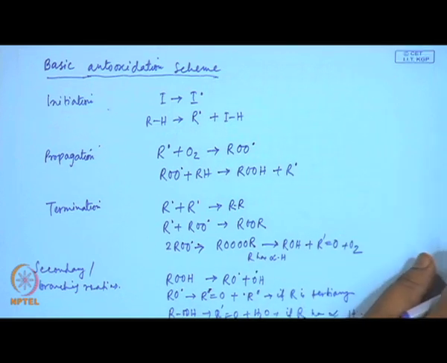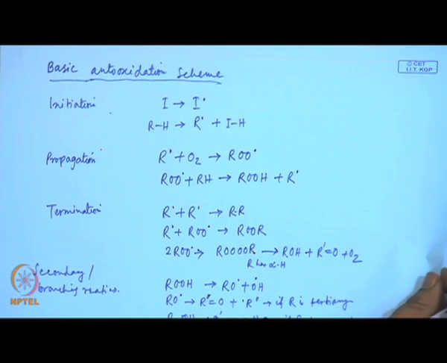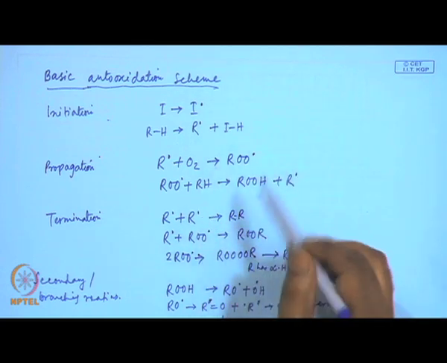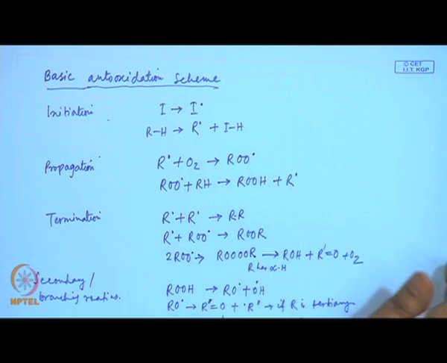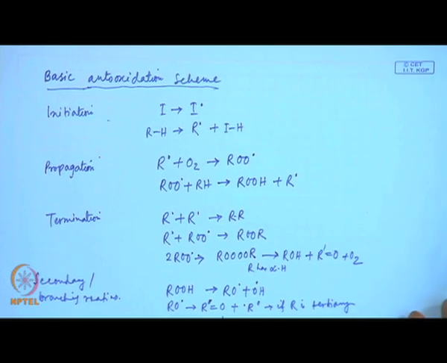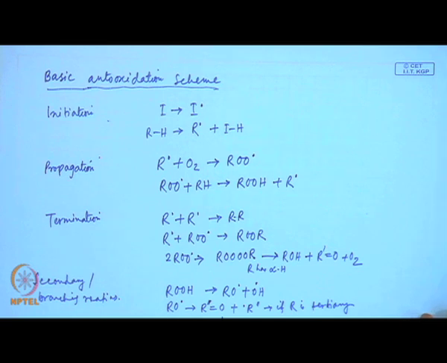Now, to prevent this, if you want to design an antioxidant, you basically have to attack or stop all these processes. Antioxidants are added or designed which cannot prevent all these steps, but might prevent some step in between.